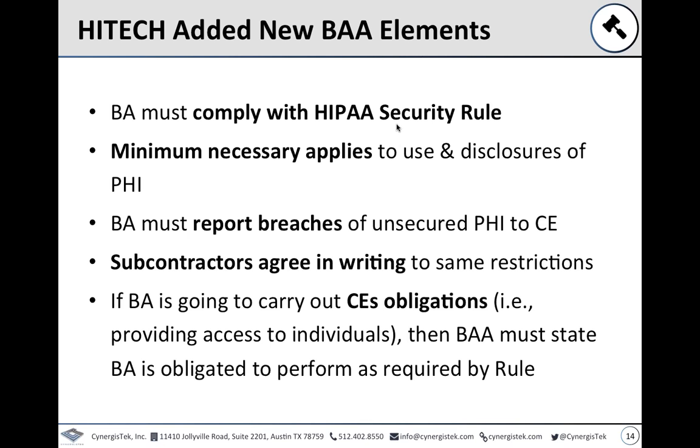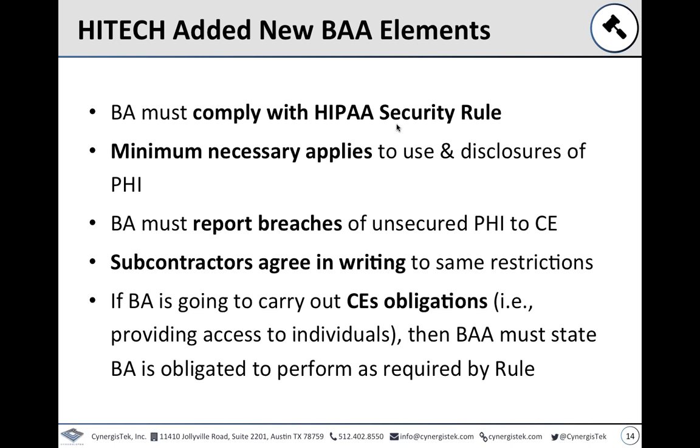The business associate also has to apply the minimum necessary standard that's found in the privacy rule, and they can only use and disclose protected health information as permitted or required under the privacy rule. That would be the first big standard in the privacy rule, 164.502. The business associate has to report breaches of unsecured PHI to the covered entity.